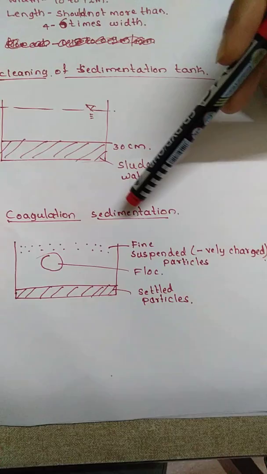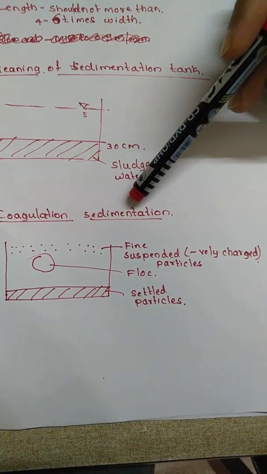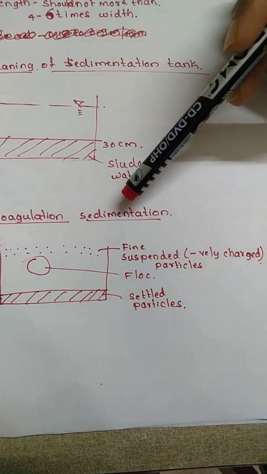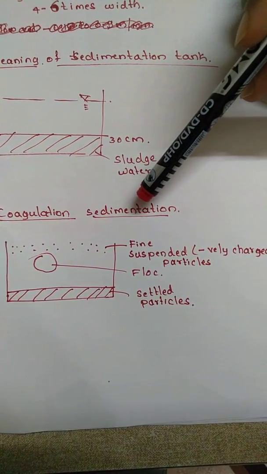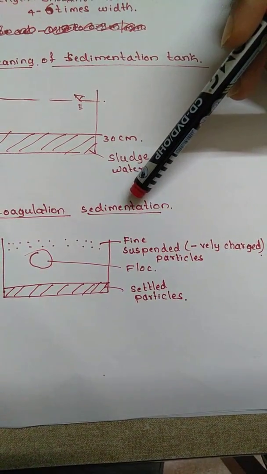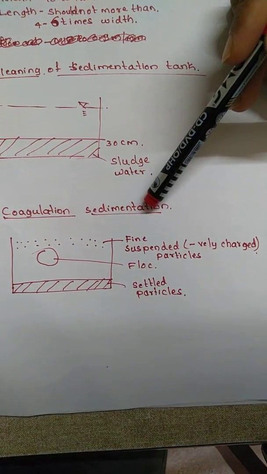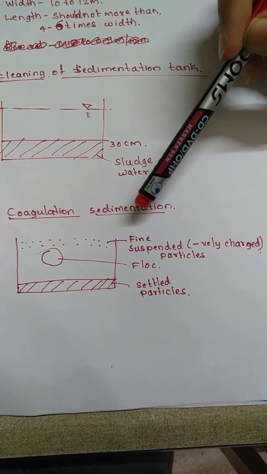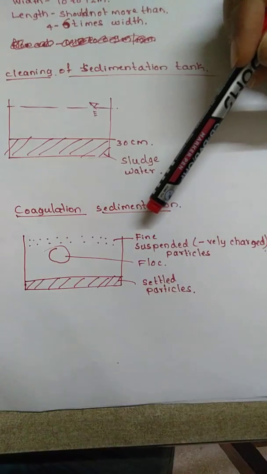It is the process of allowing the water to stand in a sedimentation tank for a specific amount of time, so that the particles in the tank settle down by their own weight. This is plain sedimentation, when the particles can settle down by their own weight.